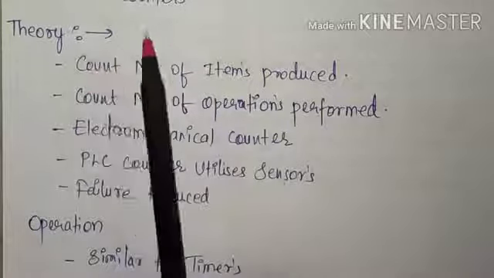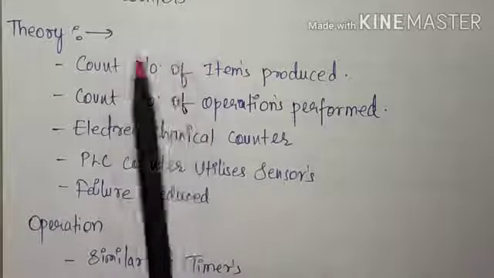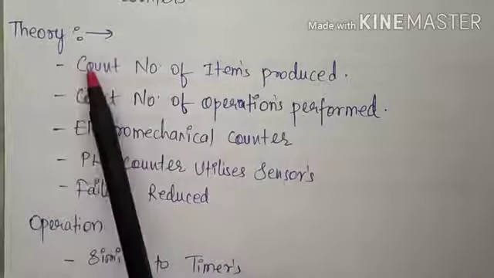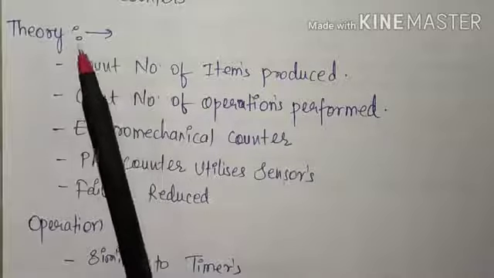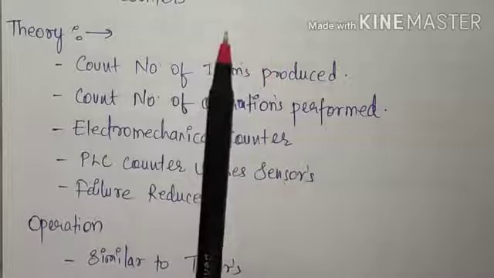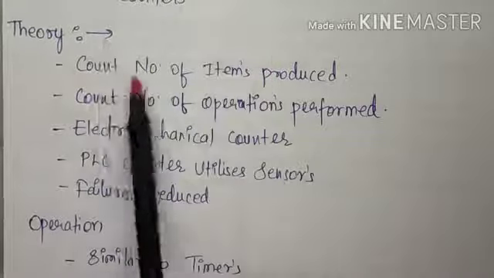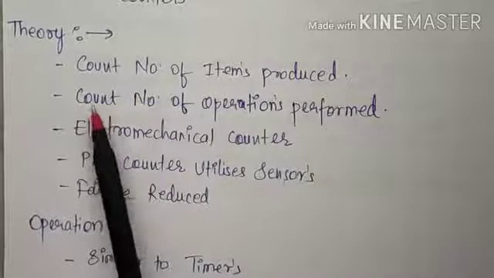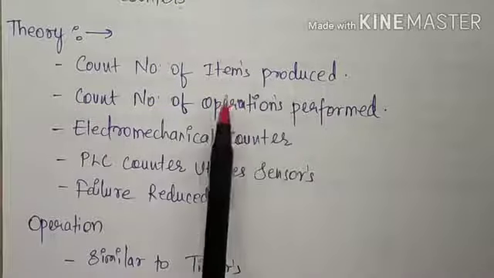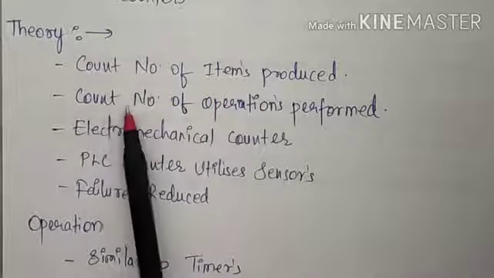It is a counting, right? We need to maintain that count of what is produced in the factory in a day, a month, or on a yearly basis. So counting is necessary for this purpose, and count operations are also calculated with the help of this counter.